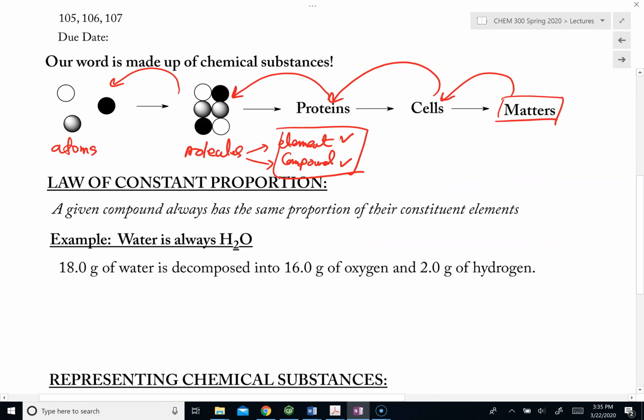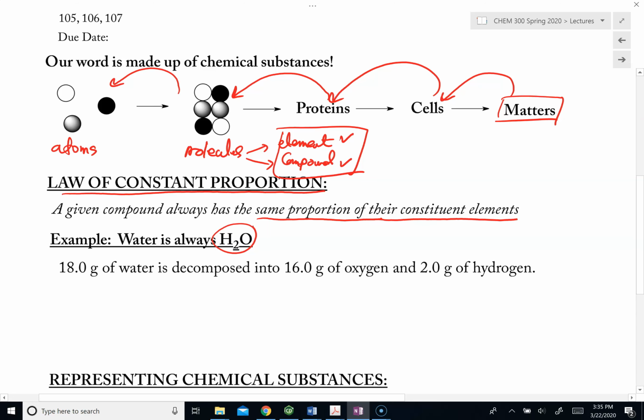Every chemical substance has a unique chemical formula. Basically we call this the law of constant proportion, which states that a given compound always has the same proportion of its constituent elements. For example, water is always H2O.